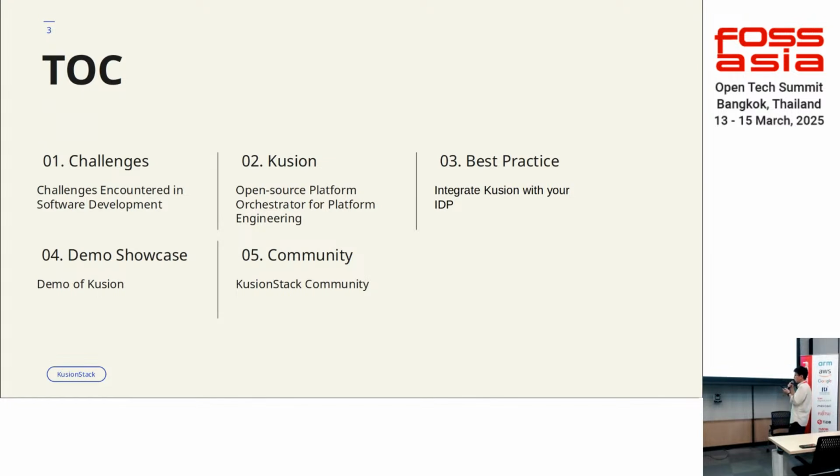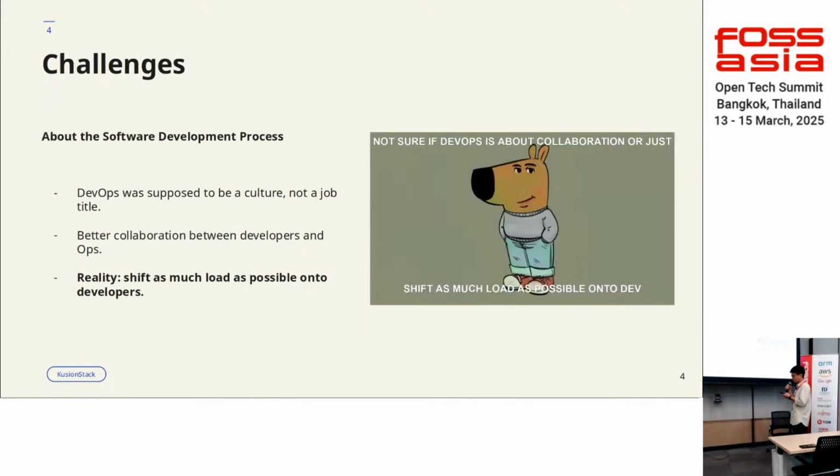Then we'll introduce the best practices with IDP and Fusion in Ant Group. And finally, we will showcase a demo video of Fusion Server. I will explain some of the basic concepts in Fusion, and Huang might introduce the core workflow. Okay, so let's get started.